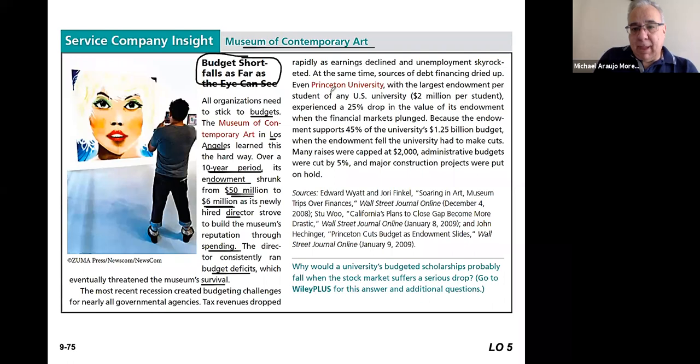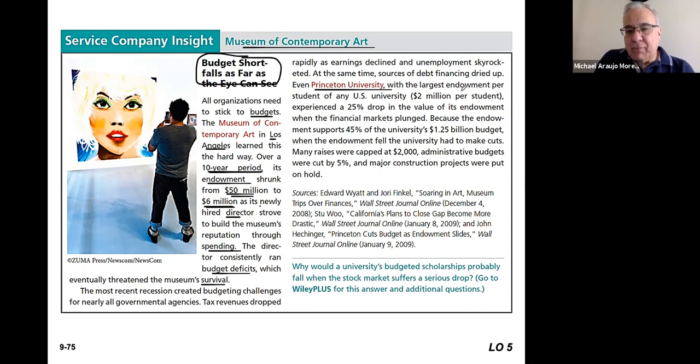So here's another side of the story where you have Princeton University, which has a very large endowment. Not as large, though. The biggest is Harvard. Harvard has the largest endowment.